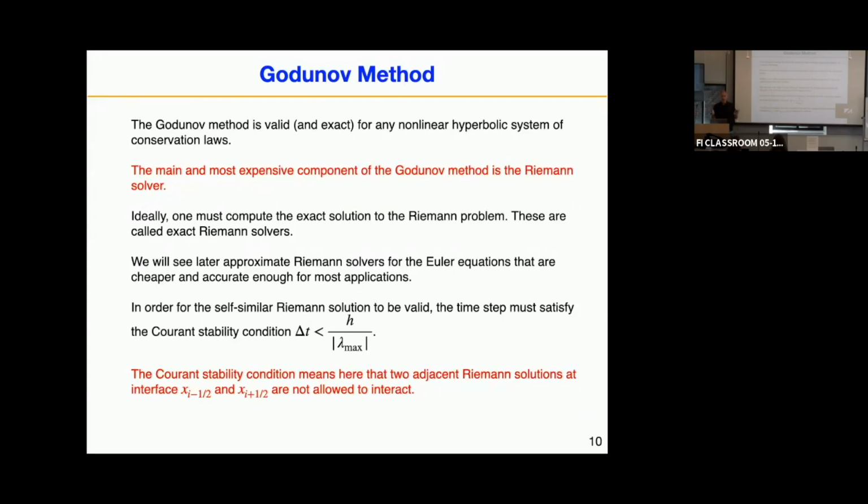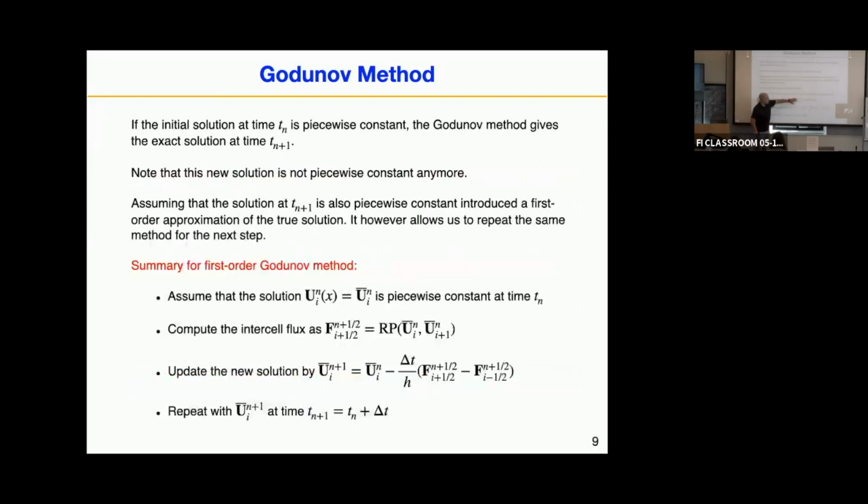The main expensive component that I have kind of ignored so far is the Riemann solver. We call it the Riemann solver. So how do you compute this flux? That's the most expensive step here. I told you there is an exact solution, but how do I compute it? And that's expensive.